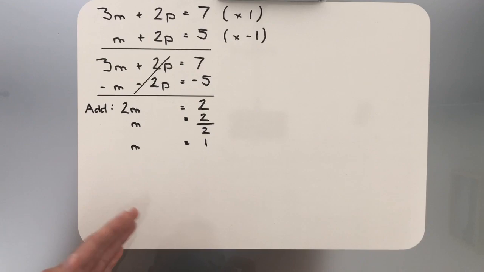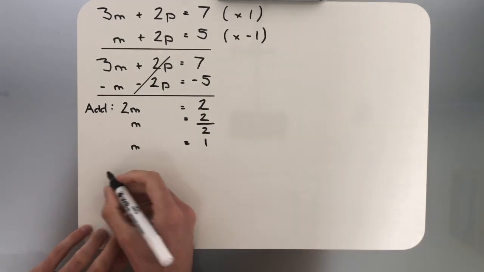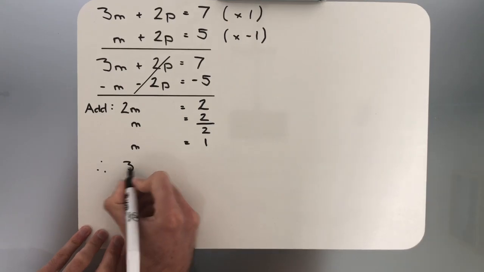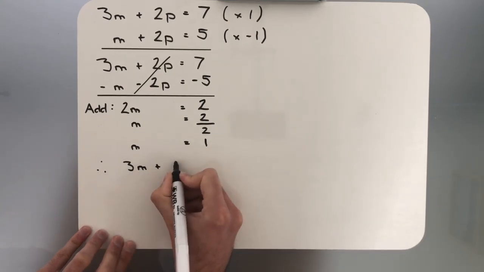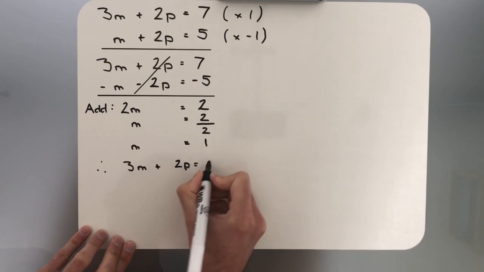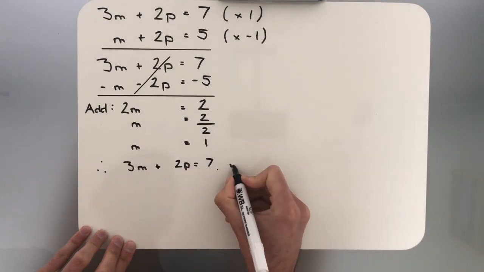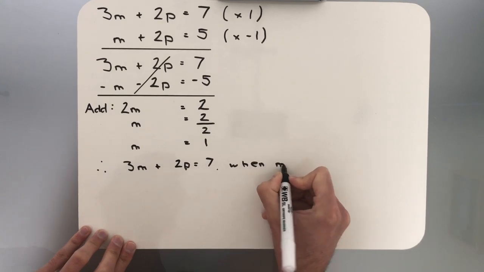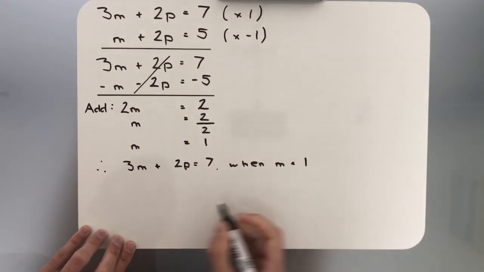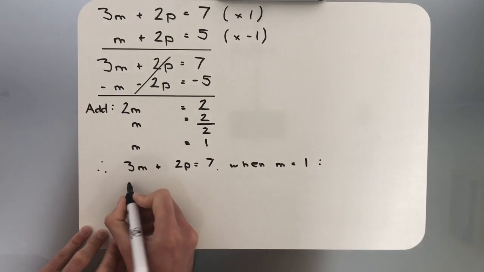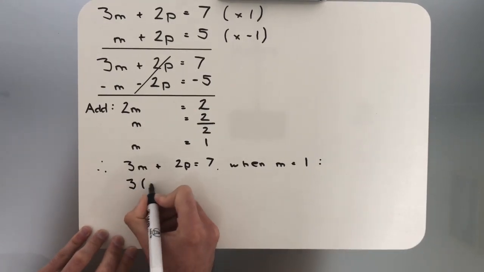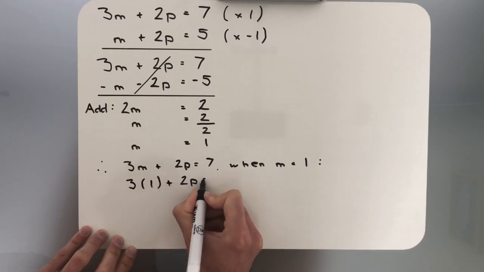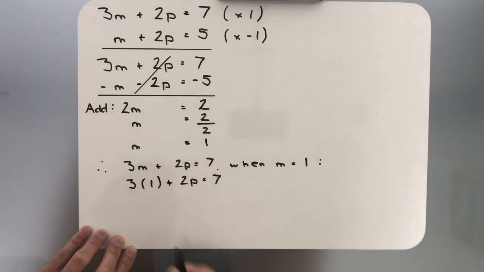Once you've solved for m, we now solve for the other term. So therefore, we go into our very first equation. We have 3m adding 2p is equal to 7. So, when m equals 1, we are now going to have 3 multiplied by 1, adding 2p is equal to 7.